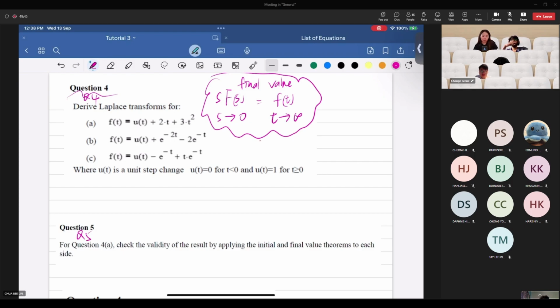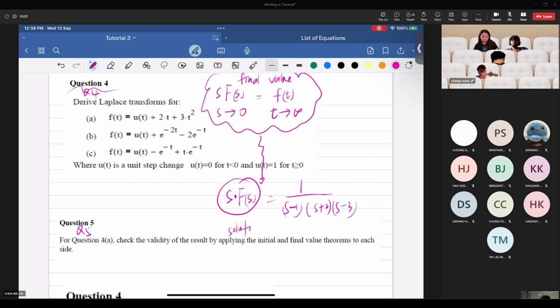For the final value theorem, you need to focus on, for example, if you have 1 over (s minus 1)(s plus 2)(s minus 3), this s multiplied with the function of s, and you get the solution, which I call roots. So you will have s equals 1, s equals minus 2, s equals 3.